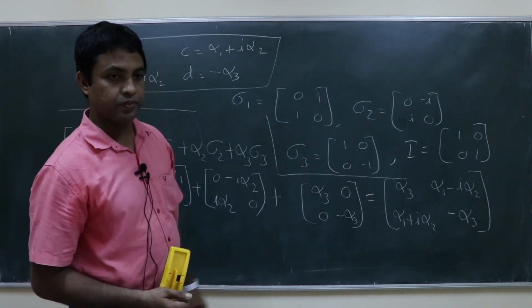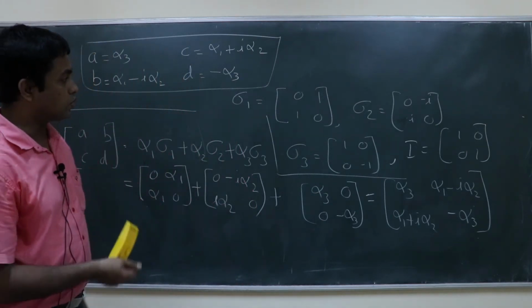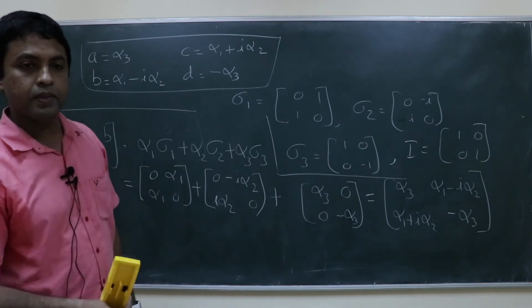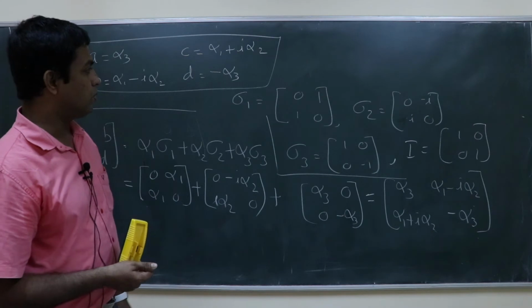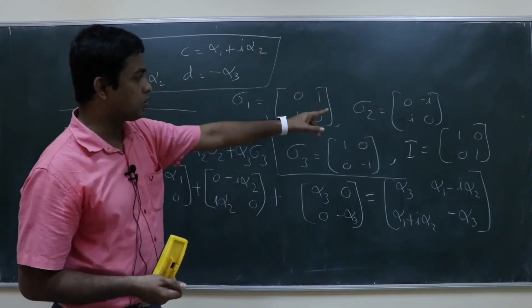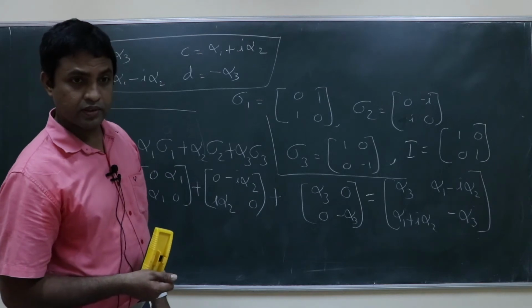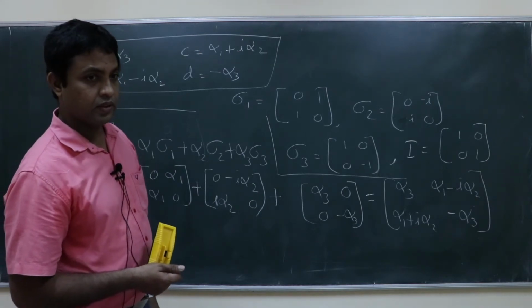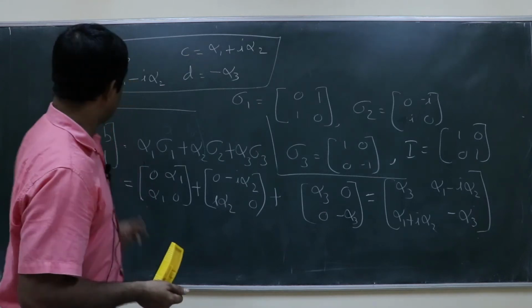That condition should also be satisfied if you want those 4 to form a basis. Can I write any of these matrices in terms of the other 3 matrices? No. Sir, can you explain again how they can span all the 2 by 2?